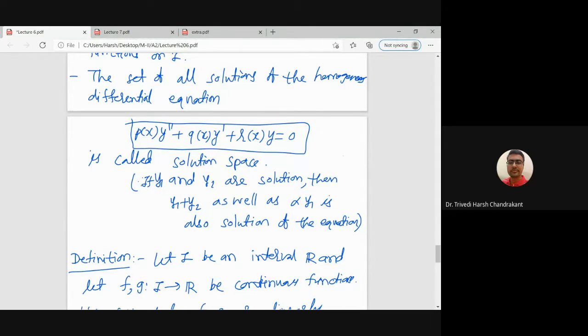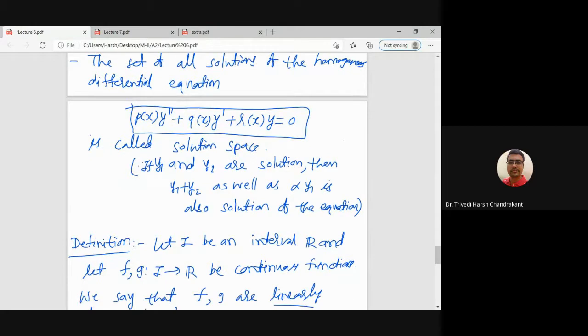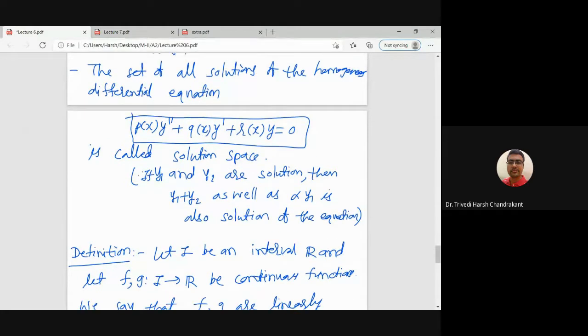What is the zero vector here? The zero vector is the zero function, because all solutions of these differential equations are functions which are not only continuous, they are differentiable two times. So zero is a trivial solution whenever the differential equation is homogeneous.